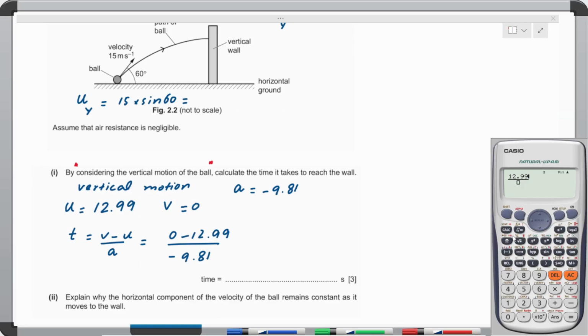You hit it on the calculator. We write down, insert the fraction first, 12.99 divided by 9.81. Then we press equals, and obviously negative cancelled out. We would be getting the answer as a positive number, and matter of fact, the answer for the time has to be positive.